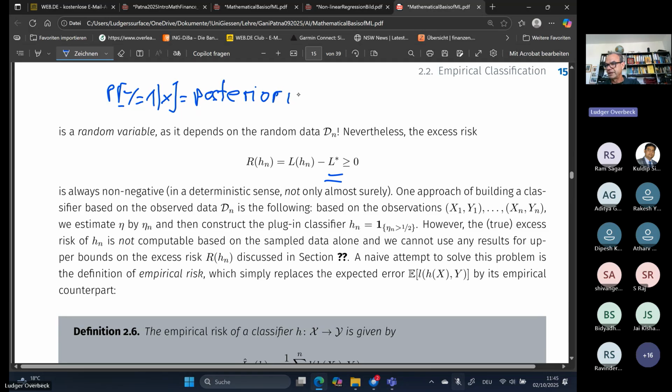Posteriori probability. And posterior means nothing else as after. After observing X. Or after, I don't know. I mean, I don't know how you call it in AI. In statistics, it's just an observation.